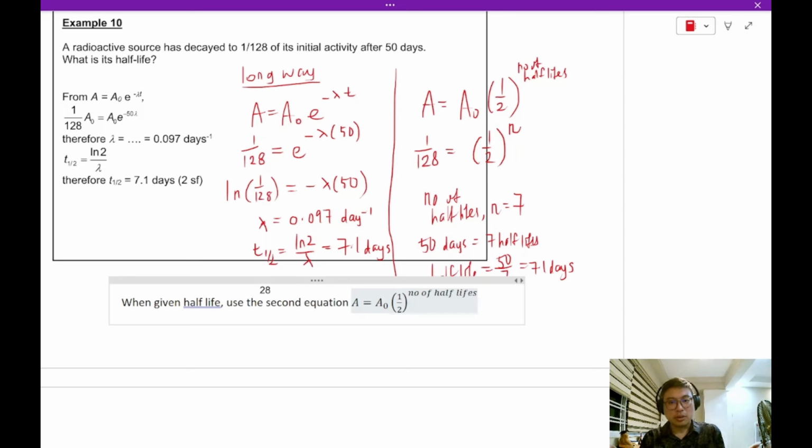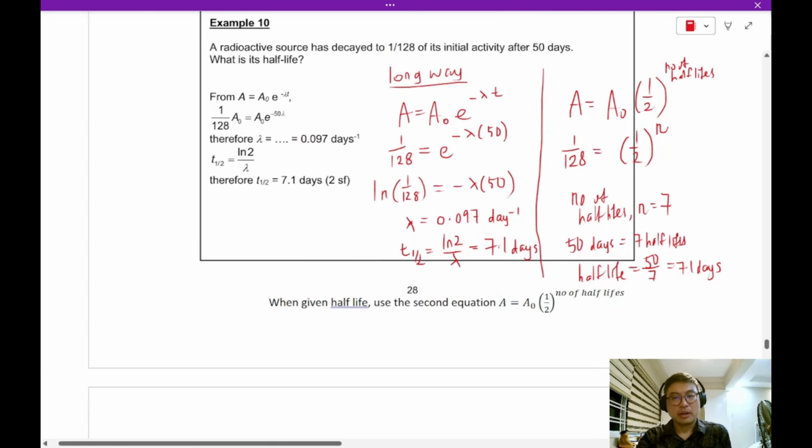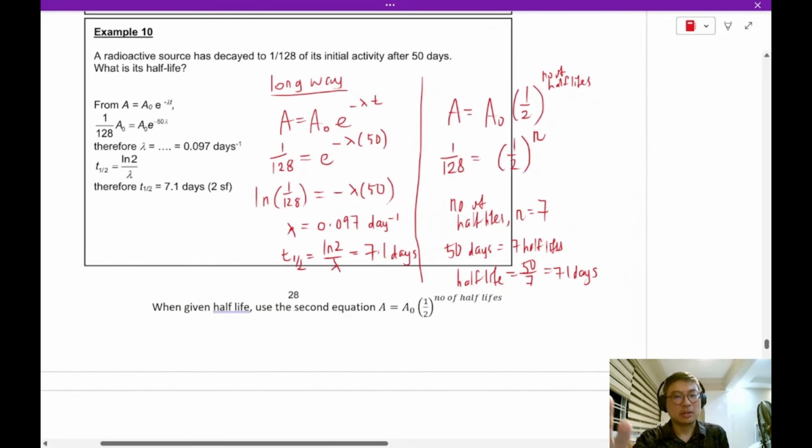This equation is generally easier if you are given the half-life. If you're given a decay constant, of course you can use the first equation. Right, so this is example 10.